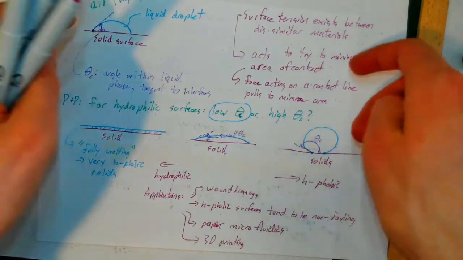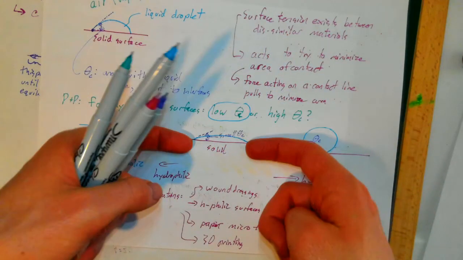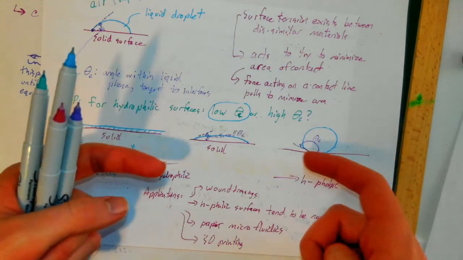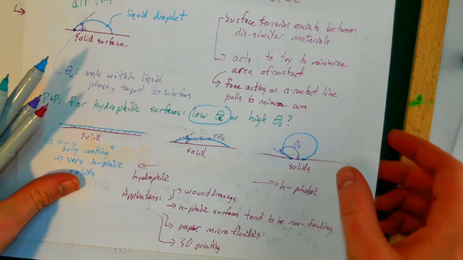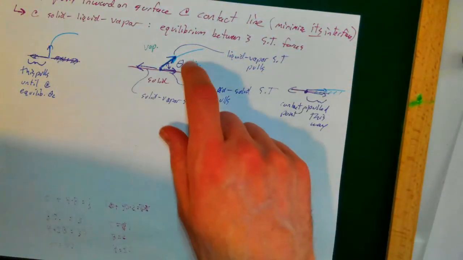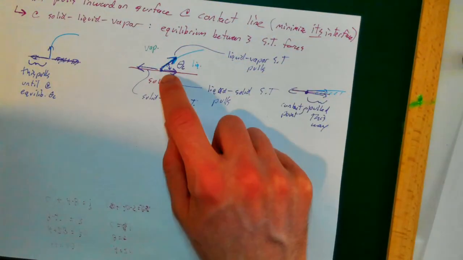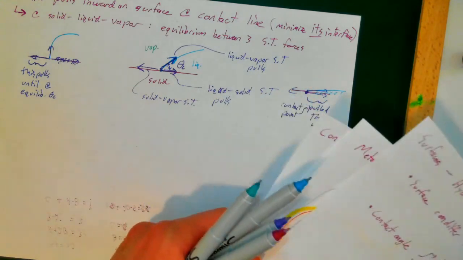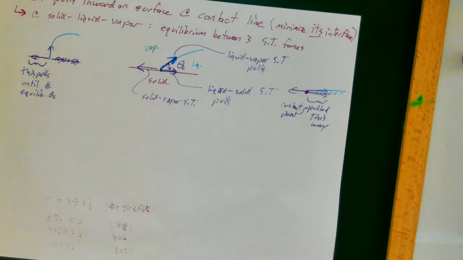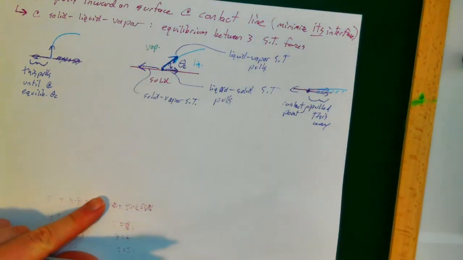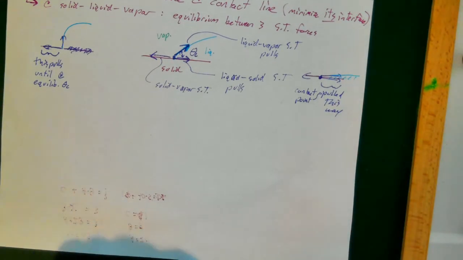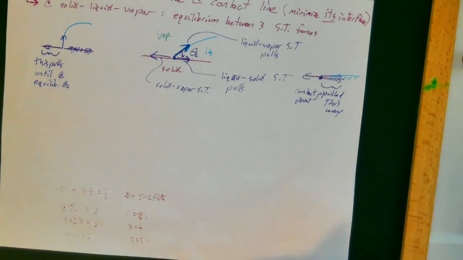Basically, the contact line shifts around until the droplet has warped into a shape where it's at its equilibrium contact angle. And you can kind of imagine this happening qualitatively.